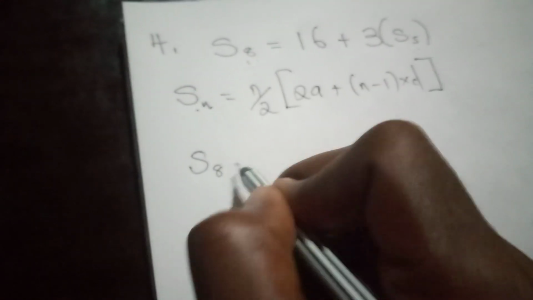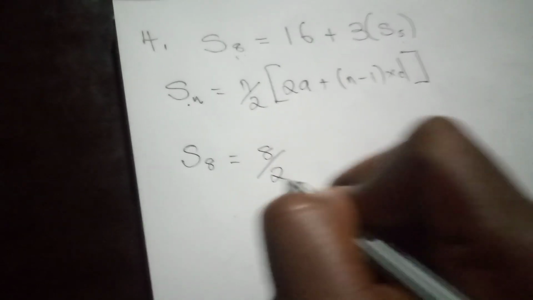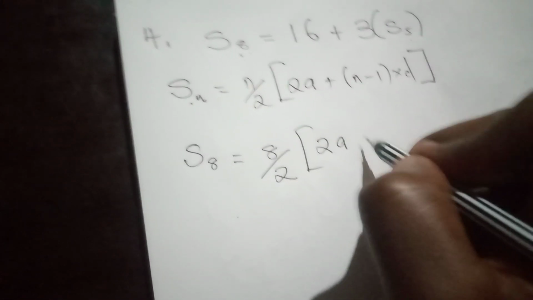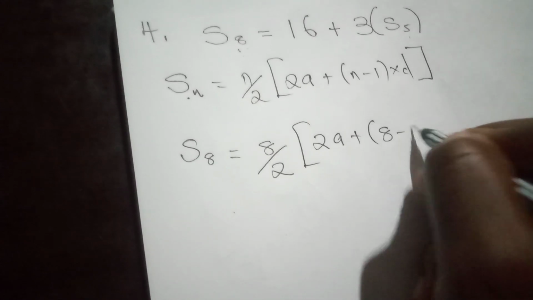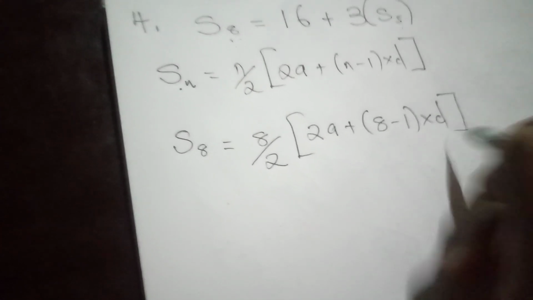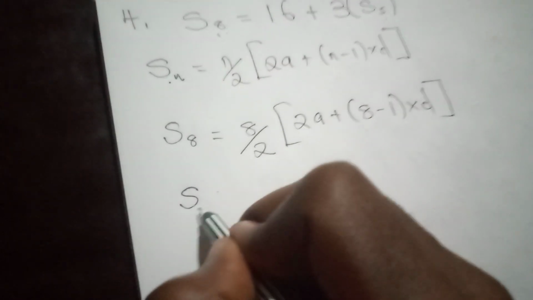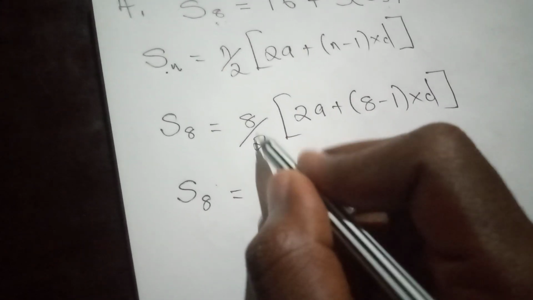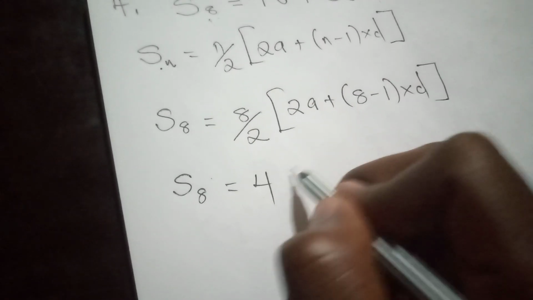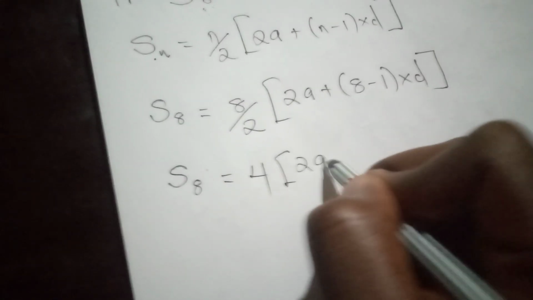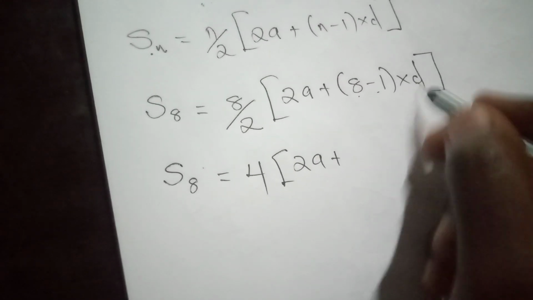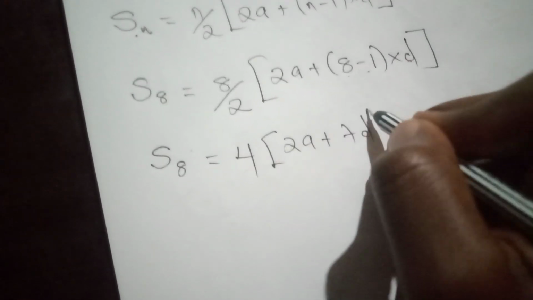So the sum of 8 terms is equal to 8 over 2 multiplied by 2a plus 8 minus 1 times the common difference. So that is 8 divided by 2, that is 4, and then I'm having 2a plus 8 minus 1, that is 7, times d, that is 7d.